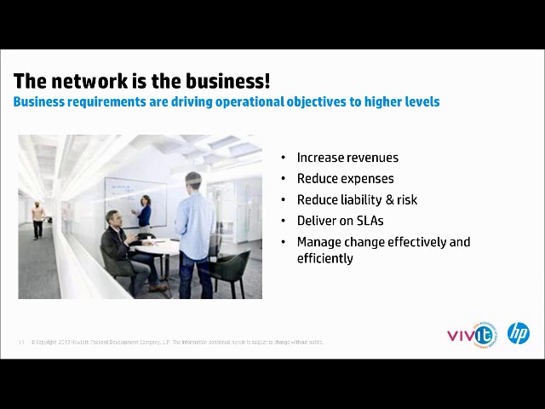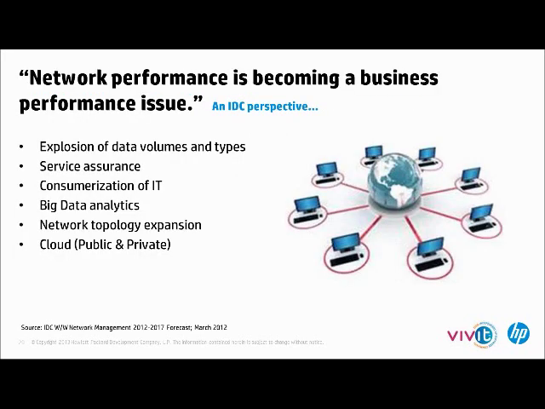These critical objectives include increasing revenue by enhancing network availability and performance, reducing expenses by improving resource utilization, reducing liability and risks by delivering compliant, secure networks, improving accountability by meeting and reporting on SLAs, and then managing change effectively and efficiently without disruption. Network engineering and operations teams really face significant challenges in the pursuit of these objectives, and I'm sure you'll agree.